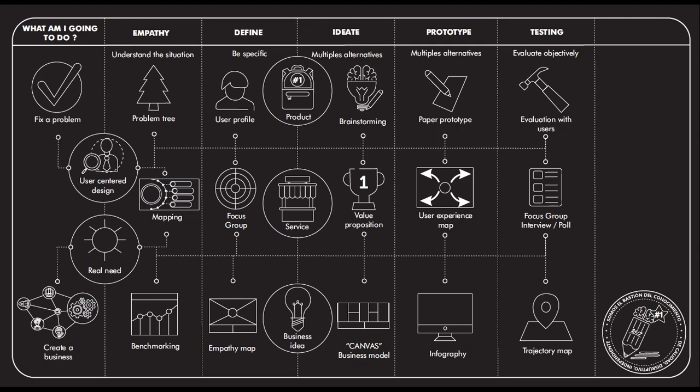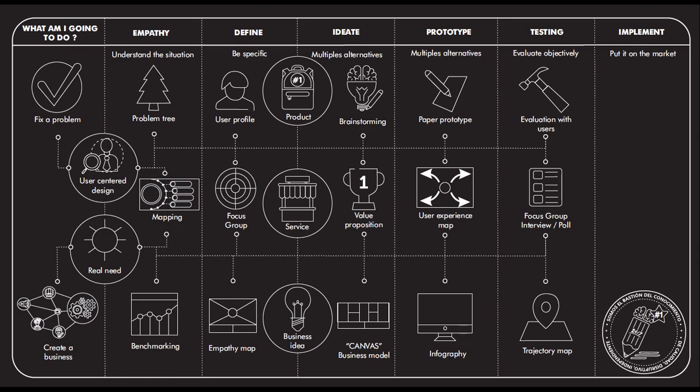You can make interviews, you can make polls, or you can make trajectory maps with the specific development. If you don't know how to develop some of these tools, please check our channel, because here we have all the tutorials in Spanish and in English as well.